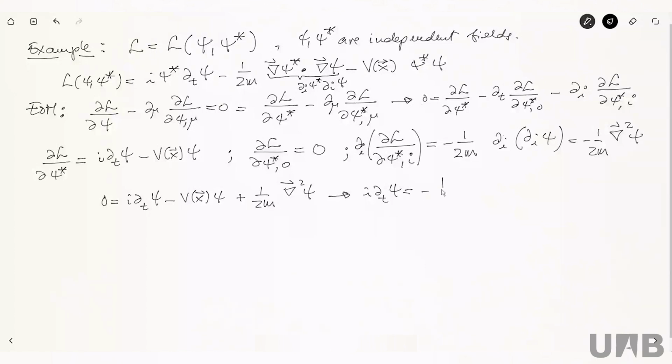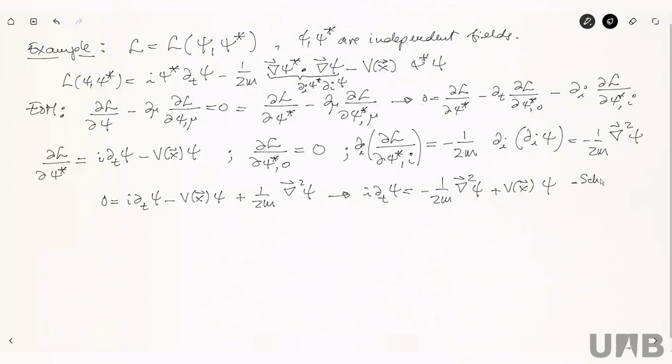So it is minus 1 over 2m Laplacian of psi plus v of x times psi. So this is an old friend, right? So whose equation is this? Is similar to Schrödinger equation. Similar or not, it's identical. It's totally identical, right? That's a Schrödinger equation.